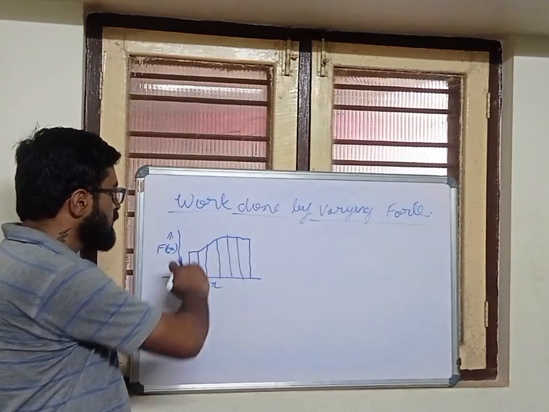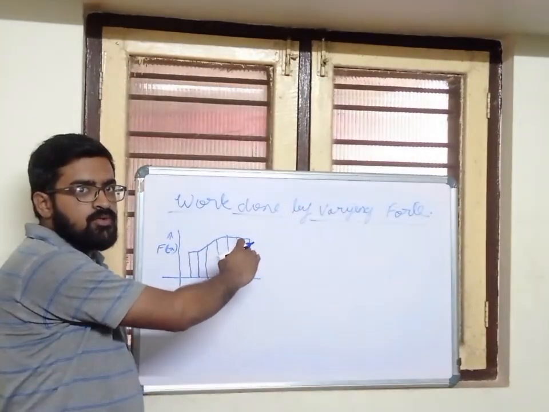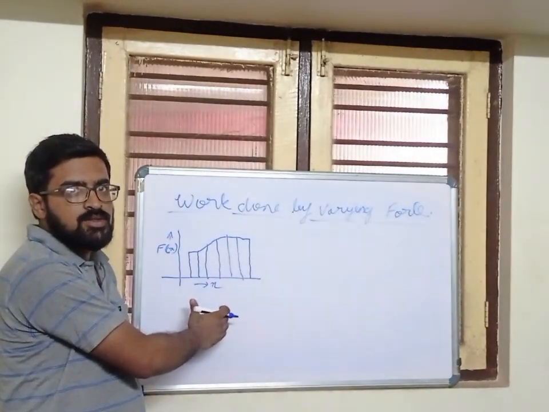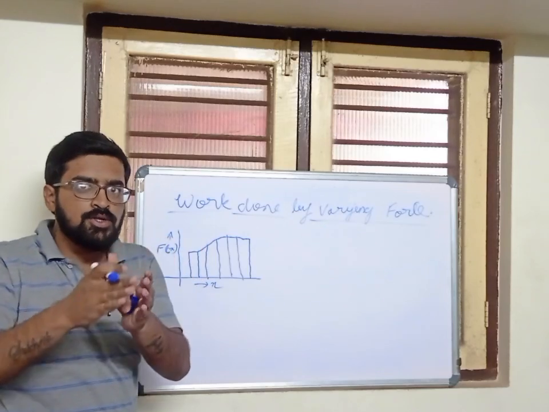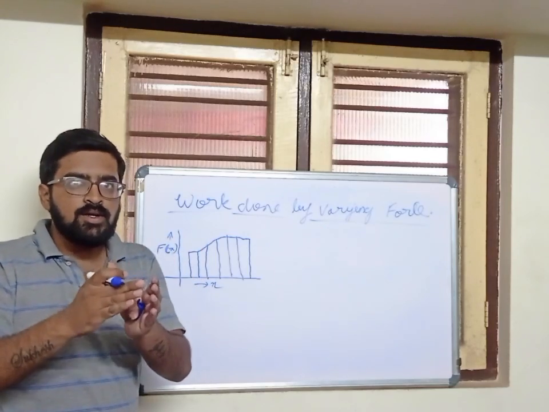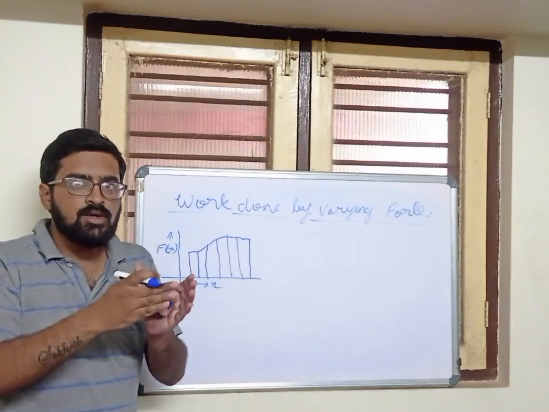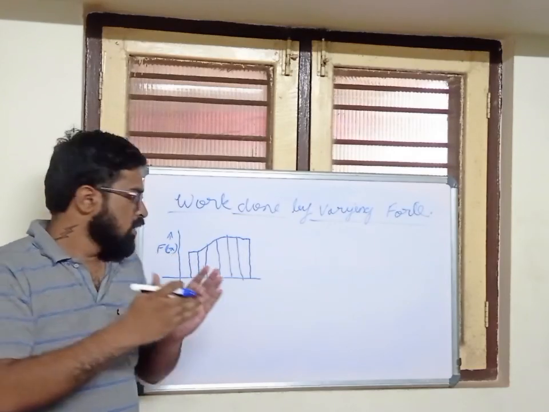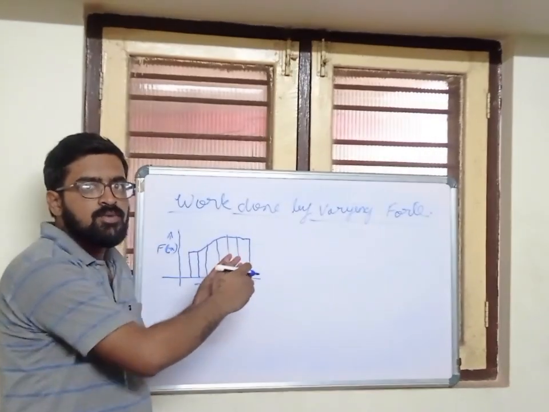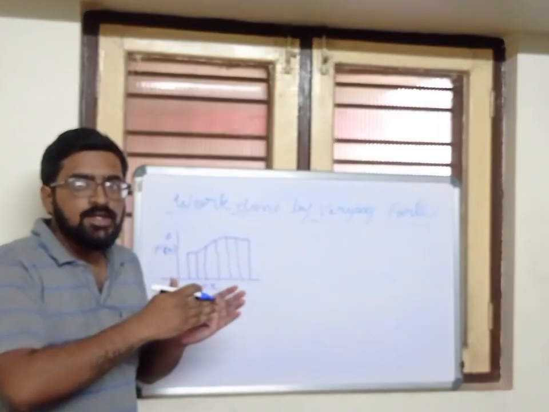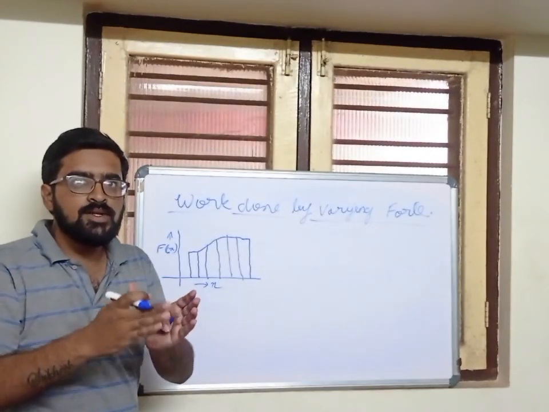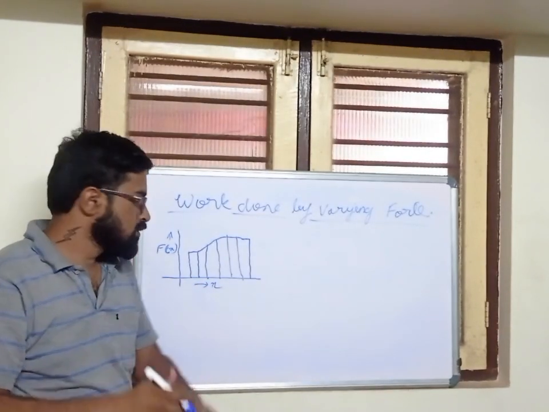Because we can't find the direct force and the displacement from this. We need to take small parts to calculate the displacement and force, and then we can sum up all those things and calculate the total work done.